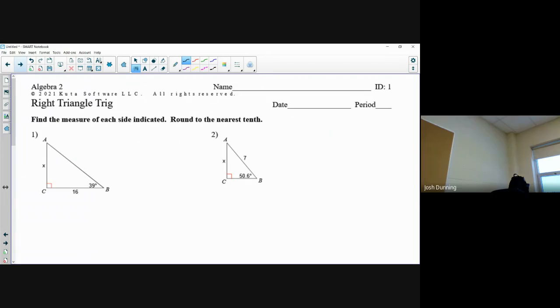Find the measure of each side indicated. Now you notice we only have two sides with anything there on one, x and 16. The blank side is the hypotenuse. We're not going to label that because there's nothing there, so we're not going to use it. Just to keep things less confusing, we'll leave that blank.